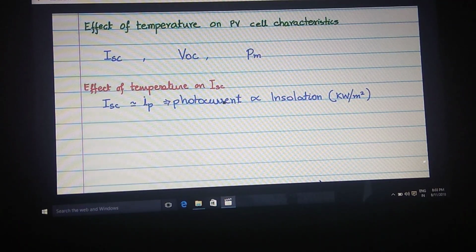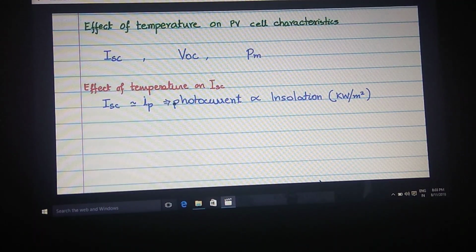The band gap energy was 1.16 electron volts, and it will come down, and this will allow more valence electrons to jump into the conduction band, and therefore there are more free electrons, and as a result more photocurrent, and therefore higher value of ISC, short circuit current.